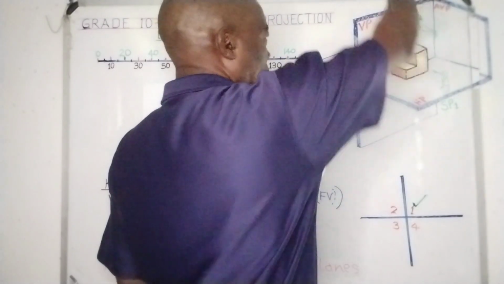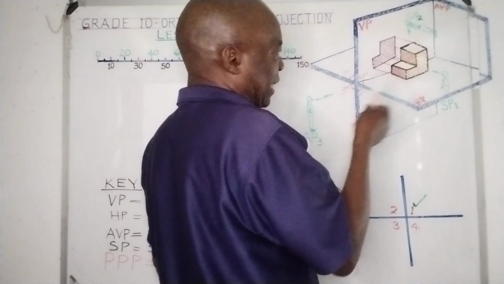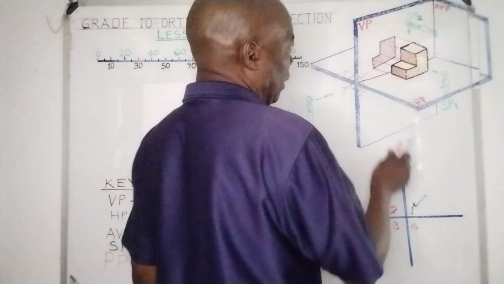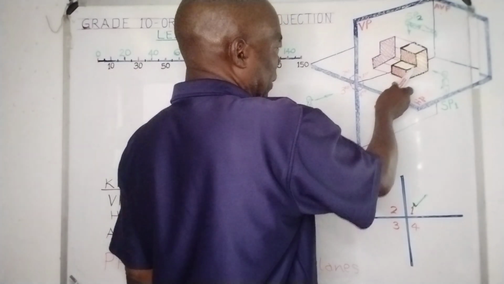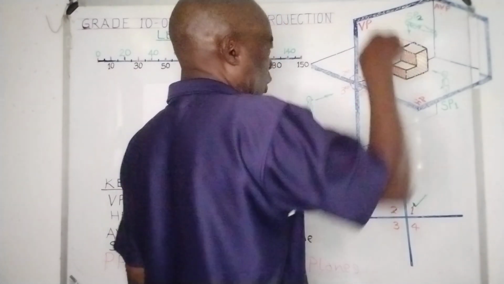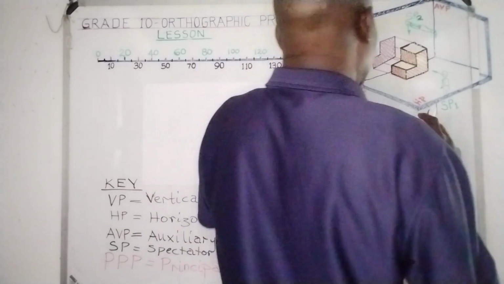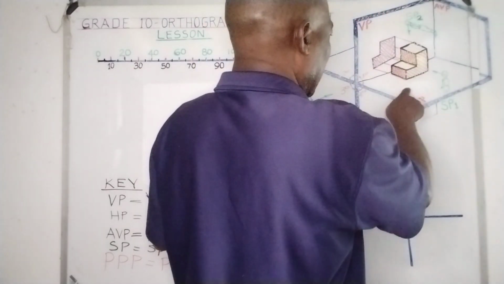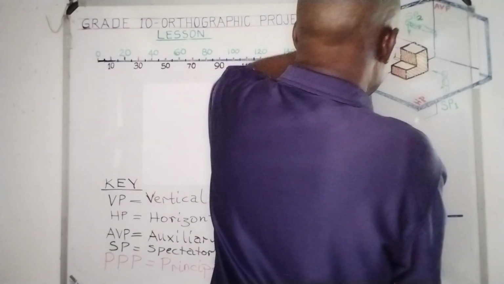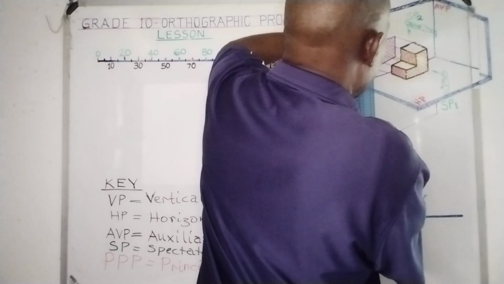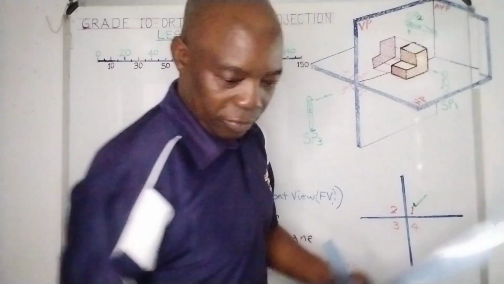Right. So from the top view, so that it is in line, you project each and every detail up to the intersection. That will be somewhere there. Right. So you take this across now. You take them across.